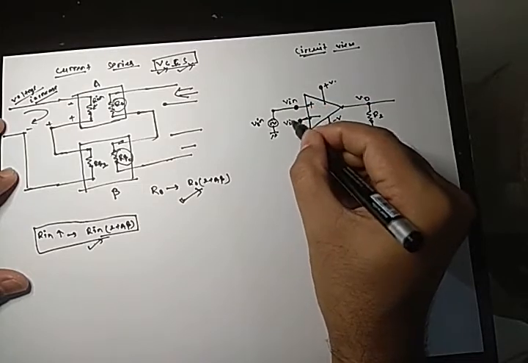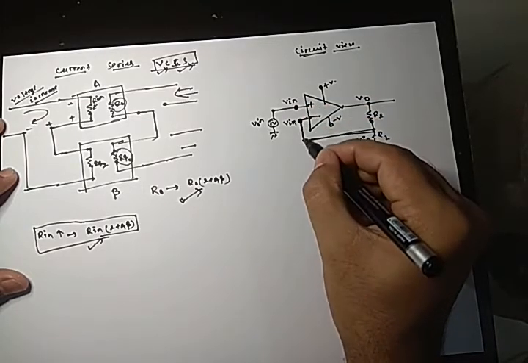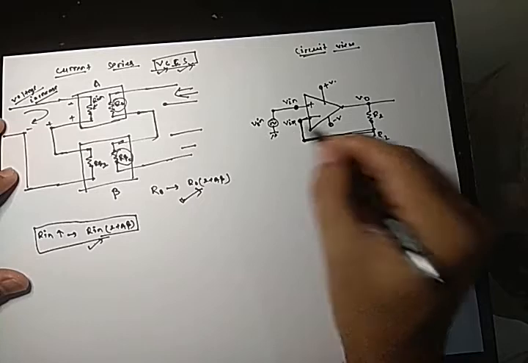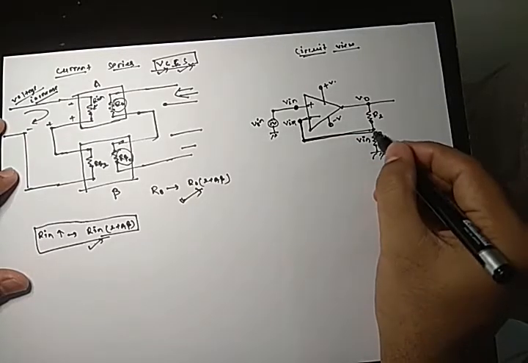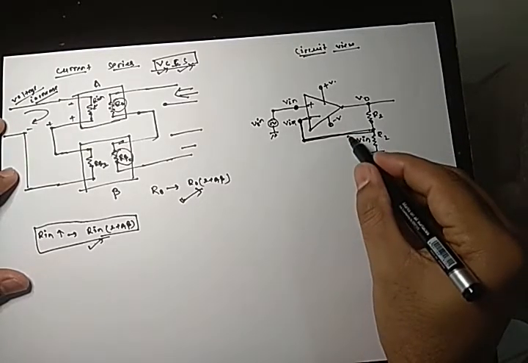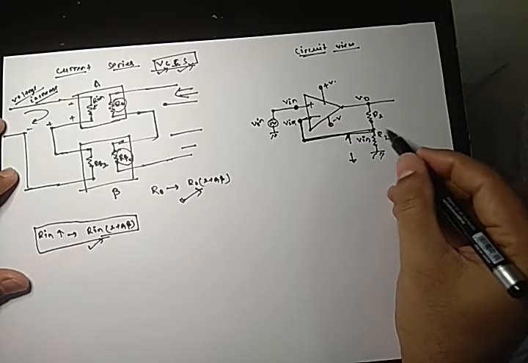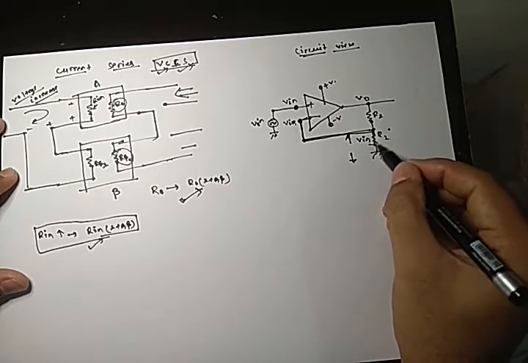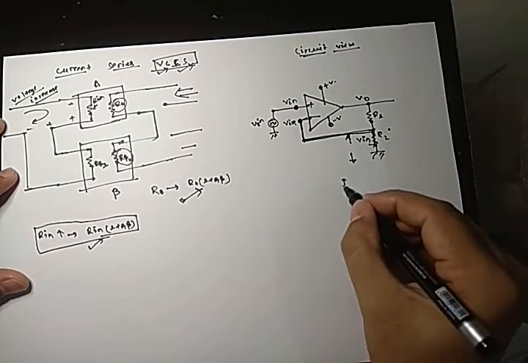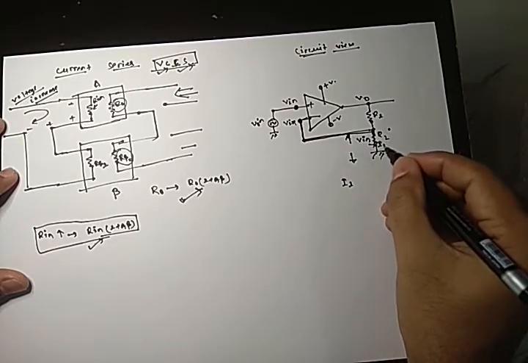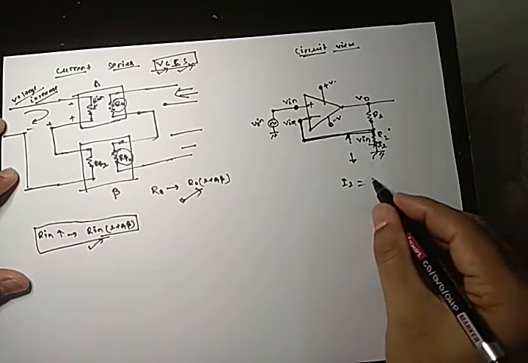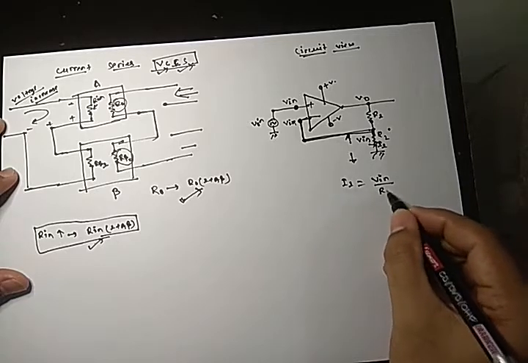Again this will be Vin because of virtual ground, and this is shorted, because of that it will be Vin over here. Now we got the voltage across this resistance as Vin, so the current across this resistance, if this is I1, will be I1 equals Vin by R2.